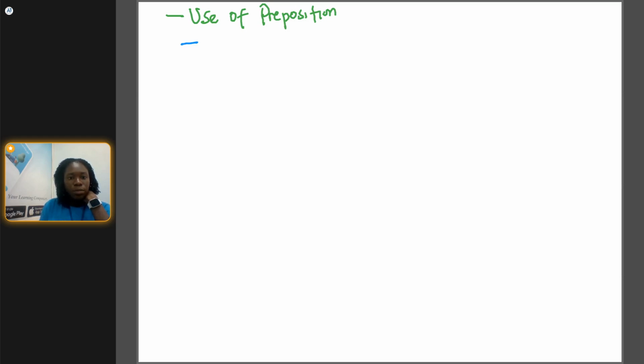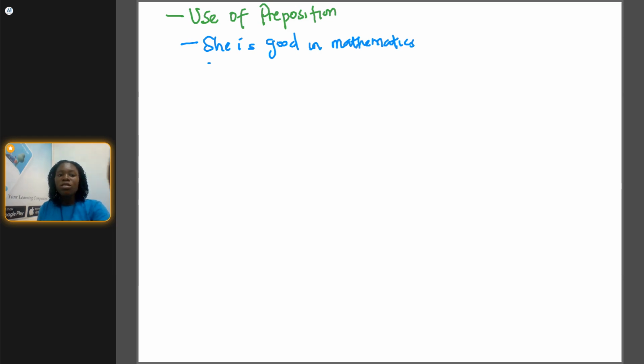She is good in mathematics. All right, she's good in mathematics. This is a sentence. Now, something is wrong with this sentence. We have used the wrong preposition, and the wrong preposition we used is "in."